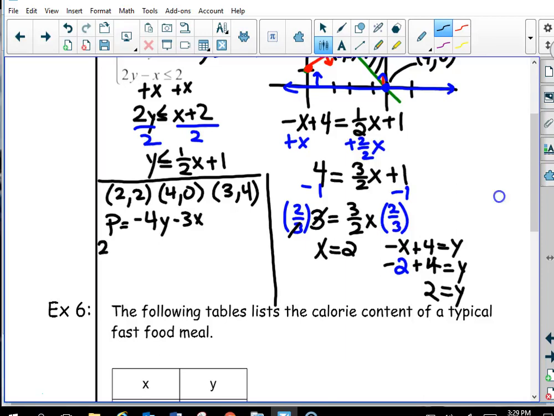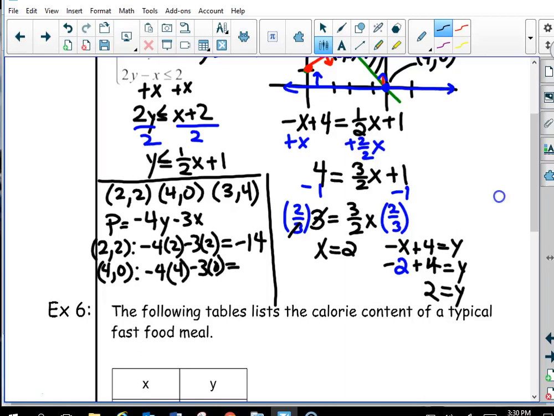So 2, 2. We get negative 4 times 2 minus 3 times 2. That looks like negative 8 and negative 6, which is negative 14. And at 4, 0, we get negative 4 times 4 minus 3 times 0, which looks like a negative 16, even more negative.